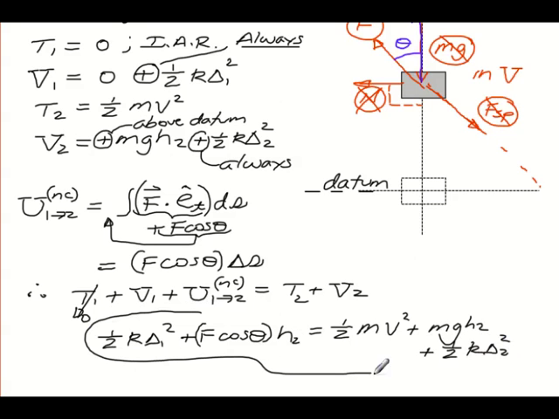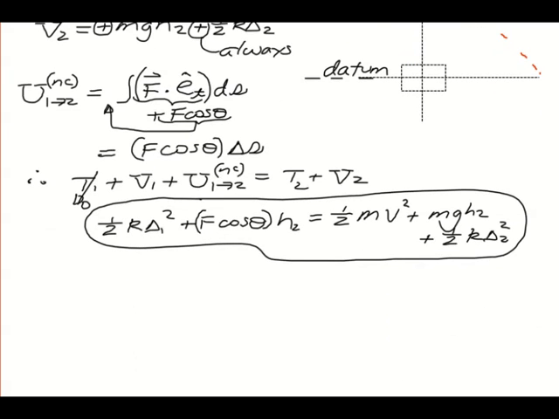So it looks like a very straightforward equation, which it is, but we still need to do a little bit of work here, because we need to explicitly write down what the stretch is in the spring at the beginning. F we know, theta we know, h2 we know, V we want to find, and we also need to be able to write down an expression for delta 2. So that's going to be where our kinematics comes in.